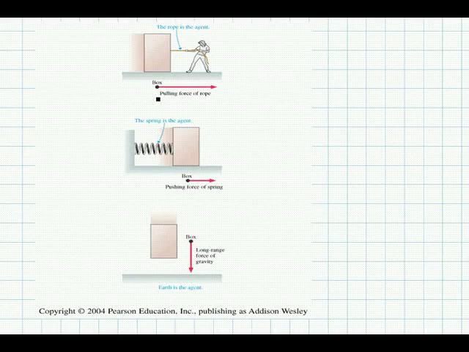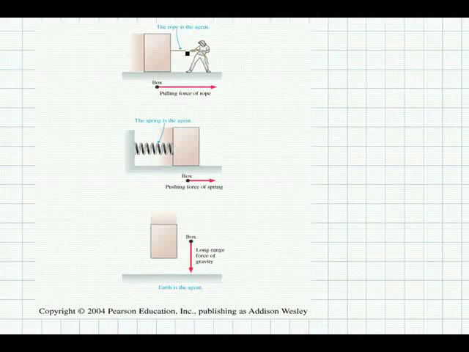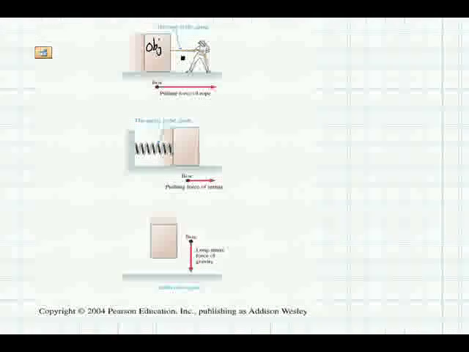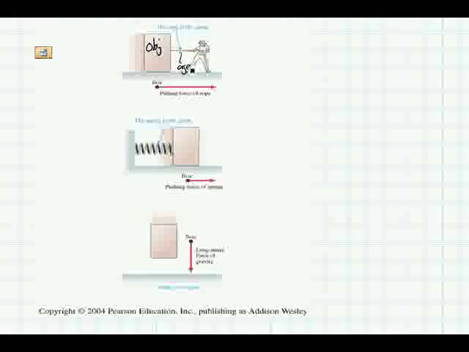This is a pulling force. Because we have a rope as the medium, that is the force here. The block is our object, and the rope is our agent.